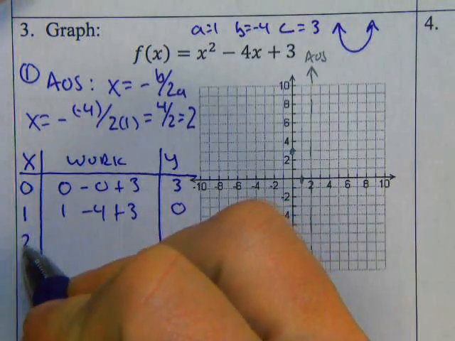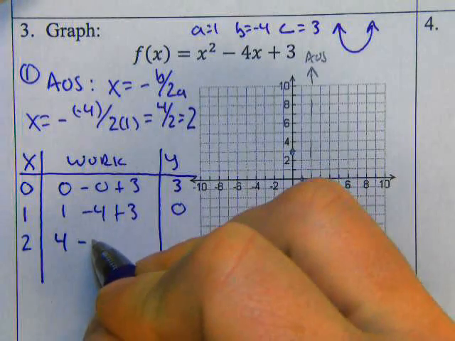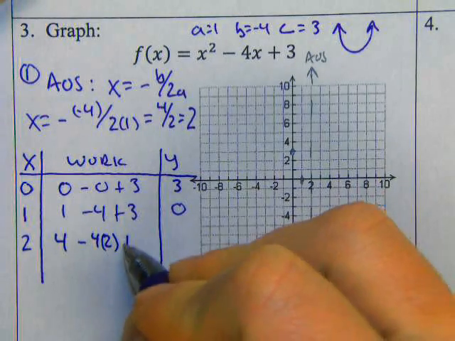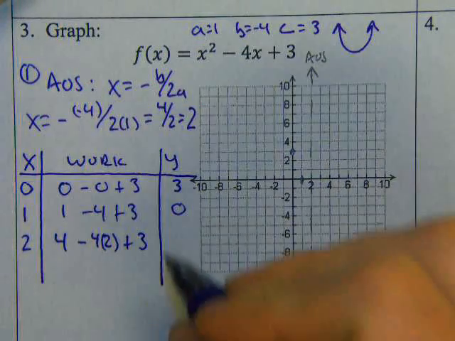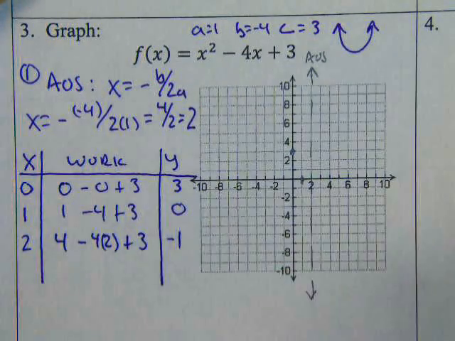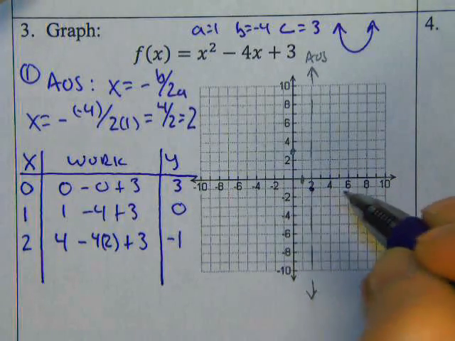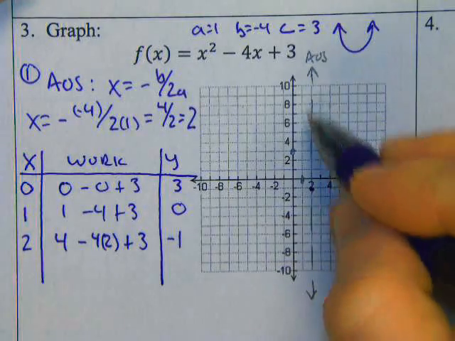So I plug that in, and I get 4 minus 4 times 2, which is 8, plus 3. And when I do that, I get -1. So now I'm right here with that point. That's looking pretty good, like I'm going to have my curve, because remember, whatever I have on this side, I can just flip it over here.